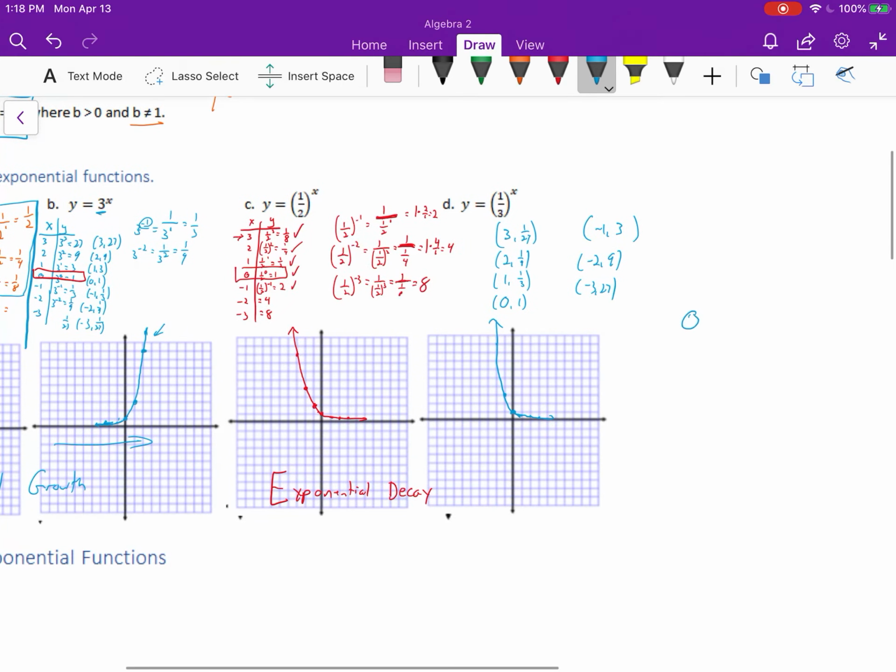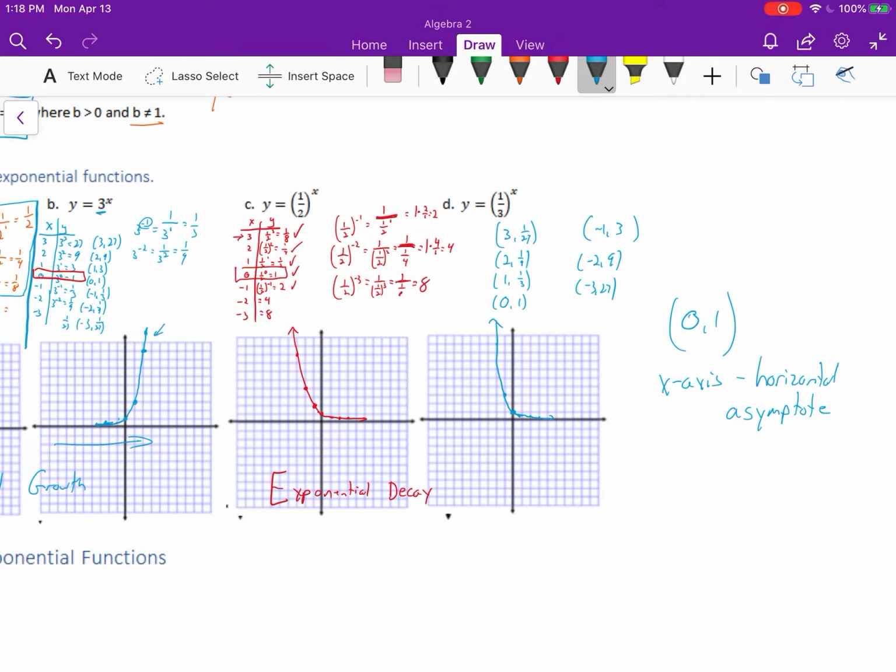Well, in all 4 of these graphs, things that we need to notice is the parent functions always go through 0, 1, and the x-axis is always a horizontal asymptote. Strange word.